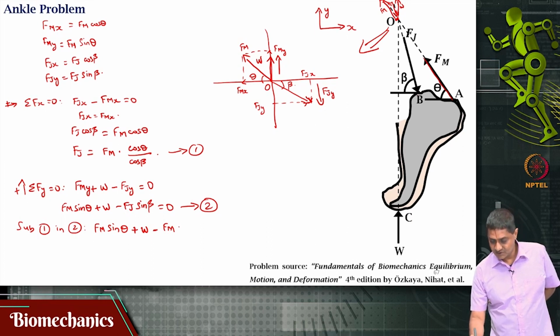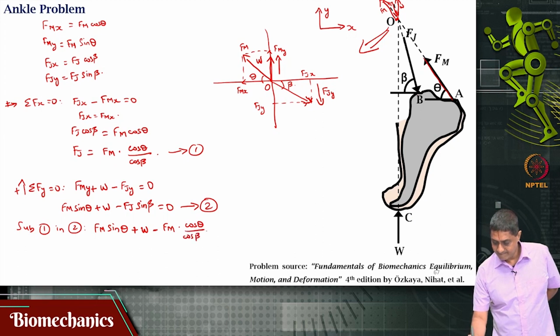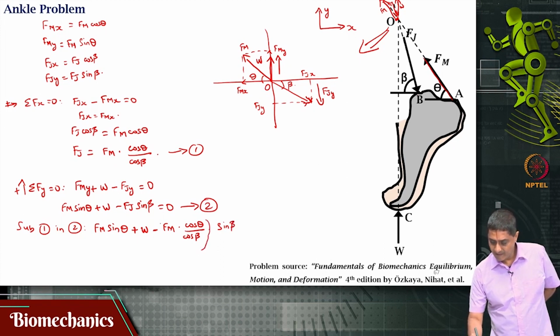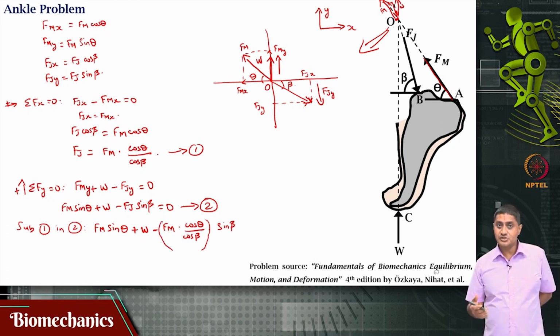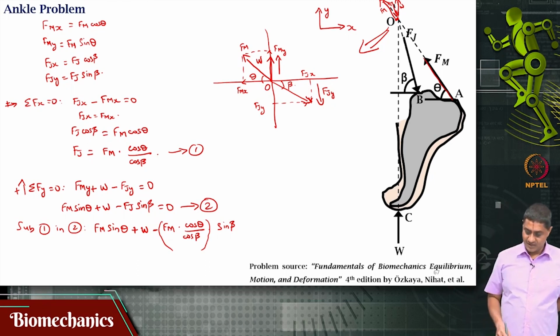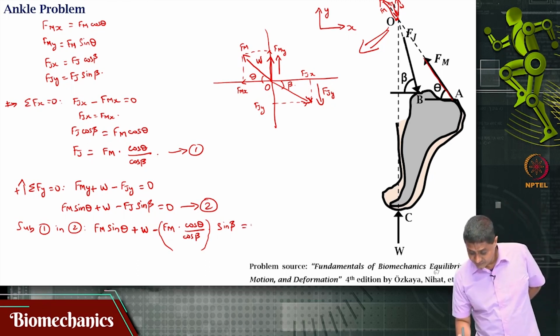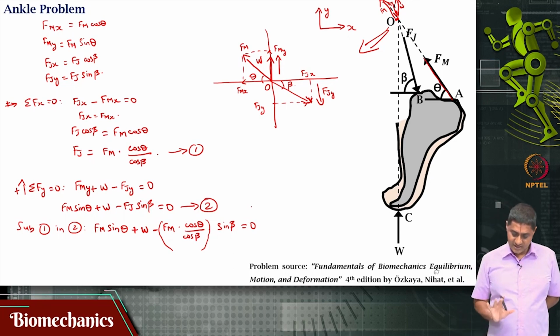That is what I am substituting, Fm times cos theta by cos beta, times sin beta. The term in the big bracket is what I have substituted from equation 1. This whole thing is 0. Have I missed anything? The answer is no. I have done it correctly.